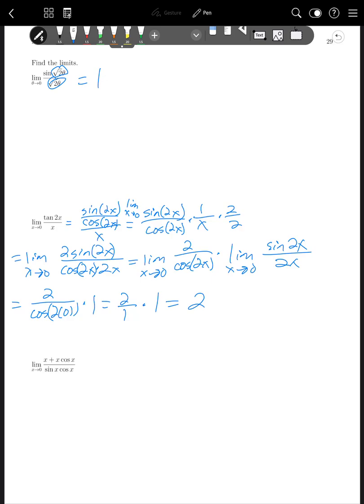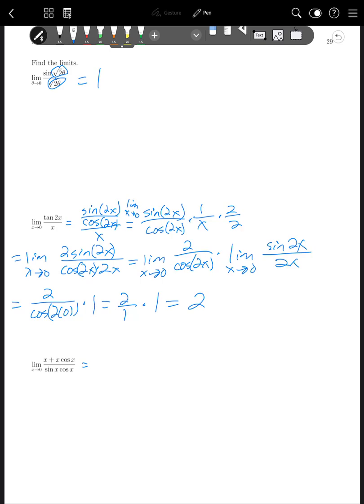Okay, and then for the last one, we can just look at this kind of, I think, similar to the one we did previously. But actually here what we want to do is break this up into two pieces.